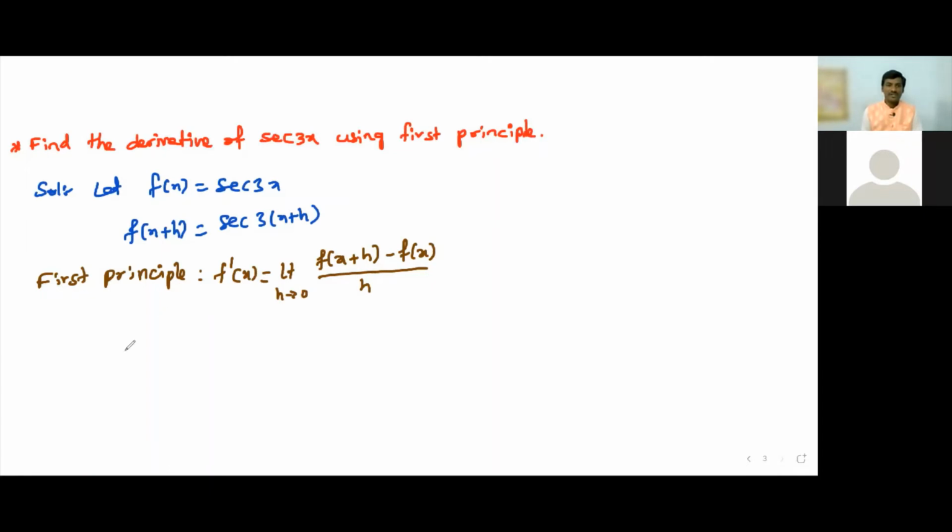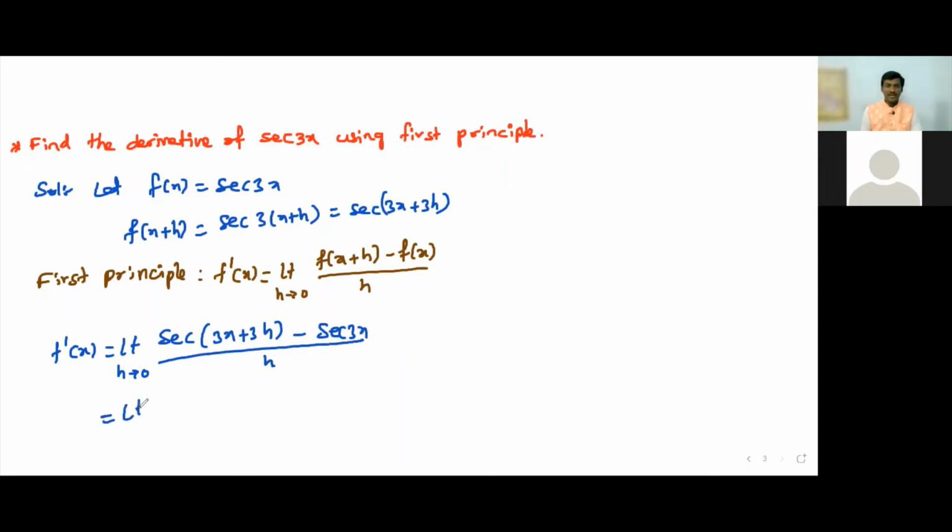Now I am substituting here: f dash of x is equal to limit h tends to 0, f of x plus h, that is secant of 3 into x plus h, we can write it as secant of 3x plus 3h, minus f of x, that is secant 3x, divided by h.